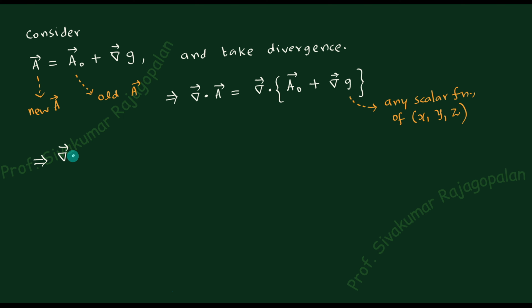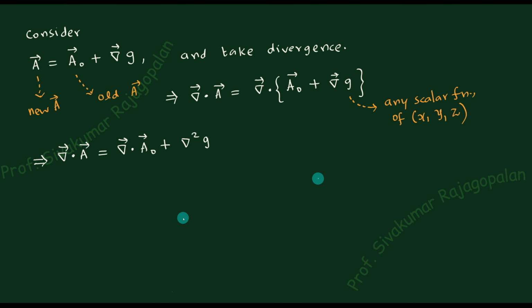Let us simplify and then apply the vector rule. Plus, now you have the divergence, that is the del square operator. The divergence of A naught is written here. The question is, what is del dot of gradient? Del dot is divergence, this is gradient, so what is the divergence of the gradient? That is called the Laplacian.